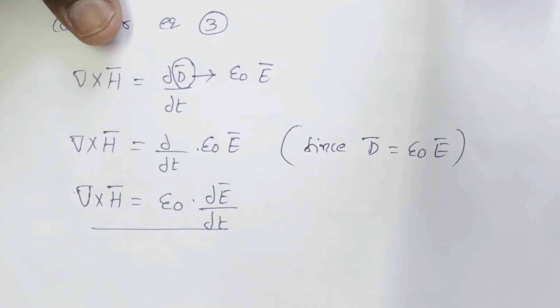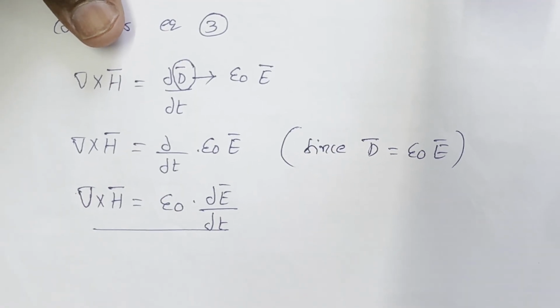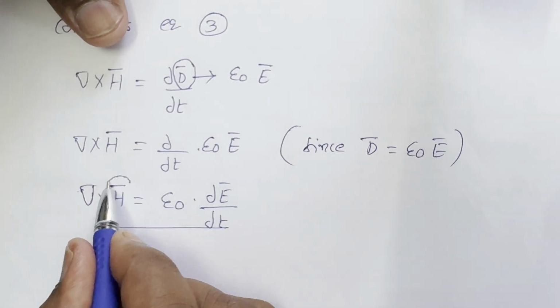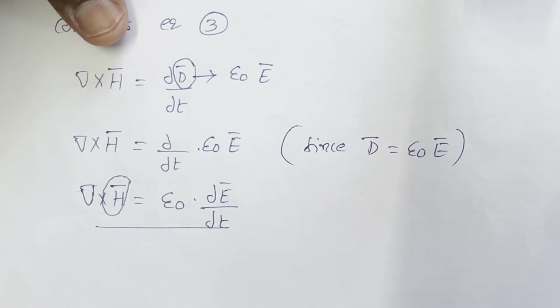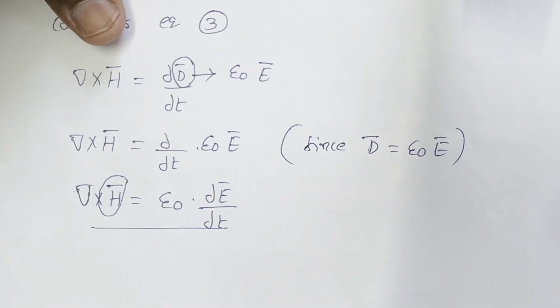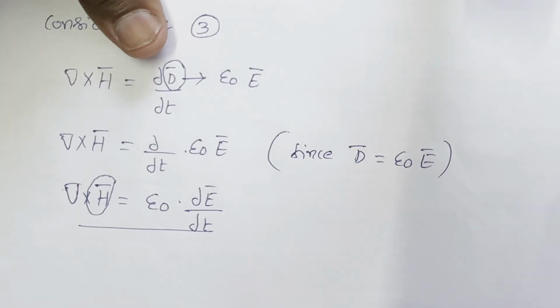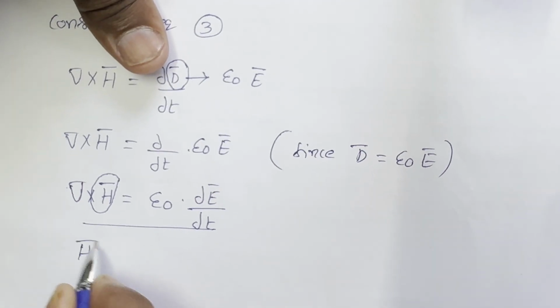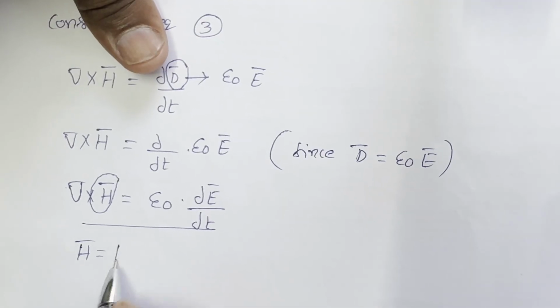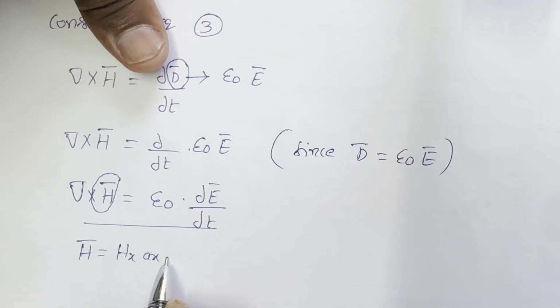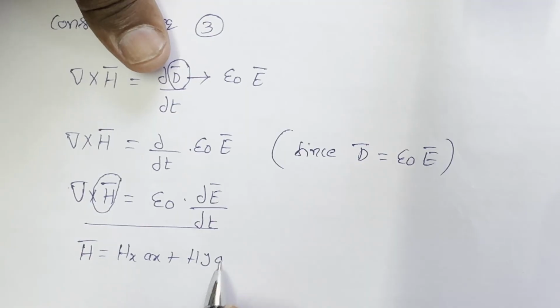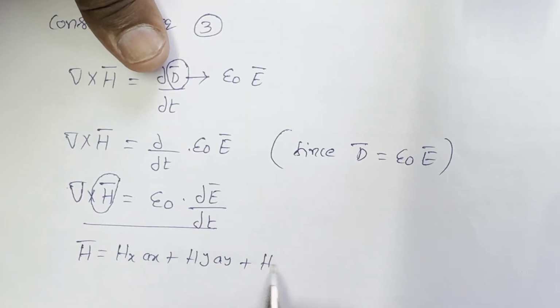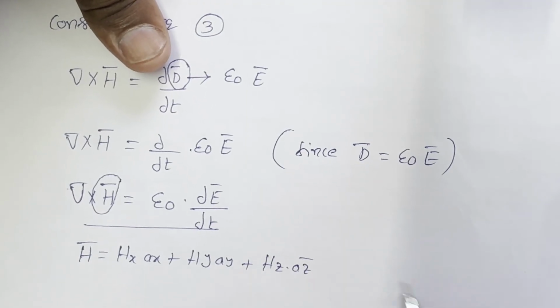Now I am taking the cross product for this expression. H bar is a vector, so it can be expressed in 3D coordinates as H bar equal to Hx plus Hy plus Hz.